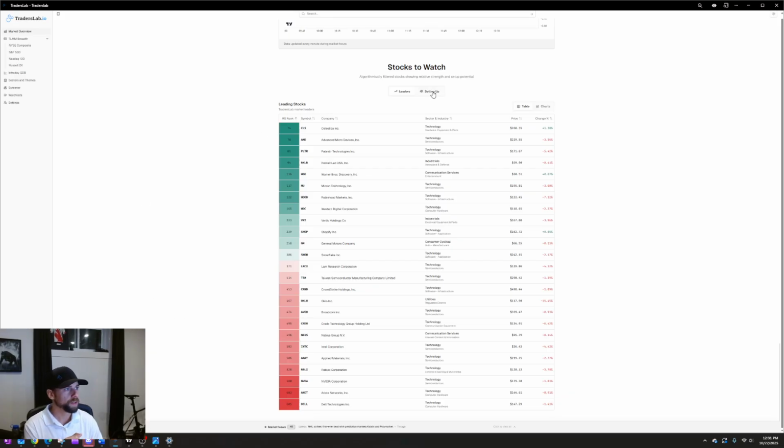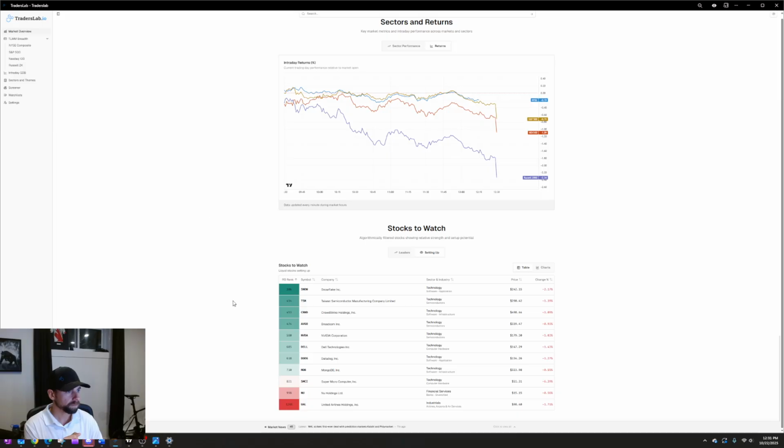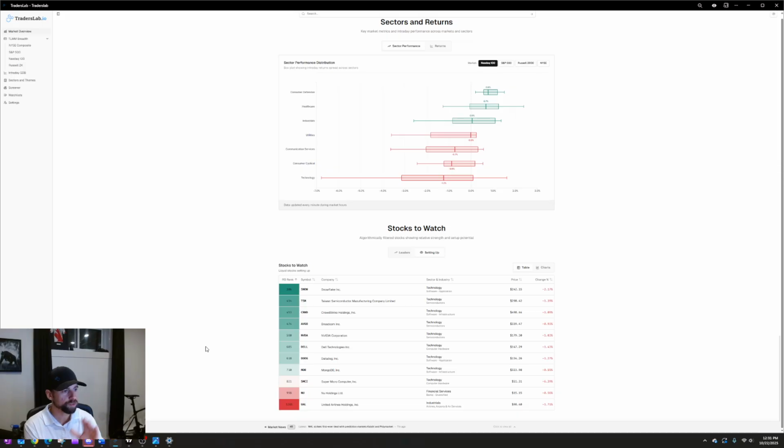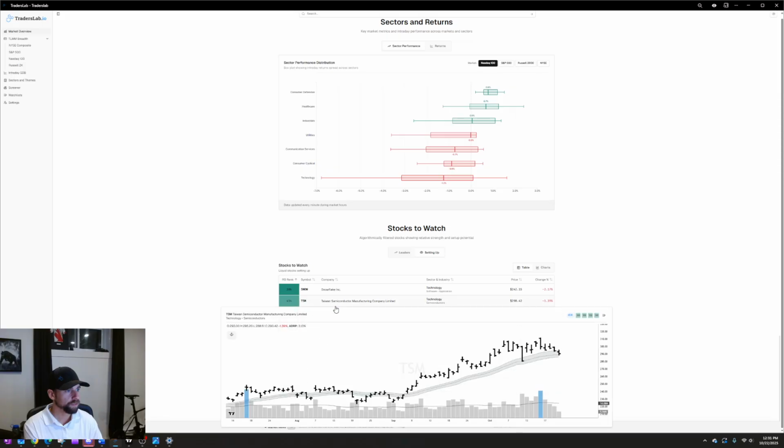Then if you go into setting up, what you'll find is the daily structure pullback scan within a table view. So you can clearly and quickly assess what is setting up in the liquid leaders. And you get that mini chart view.